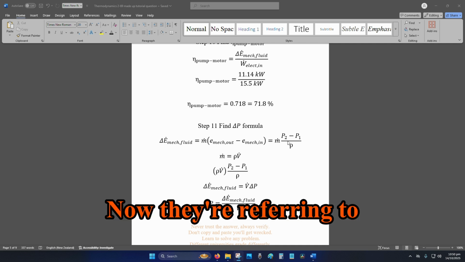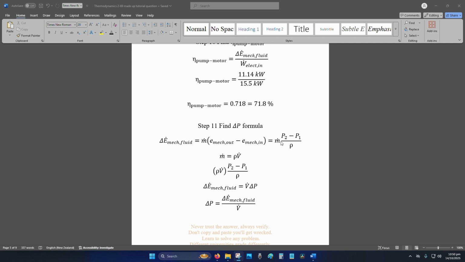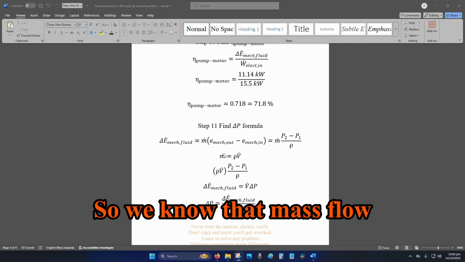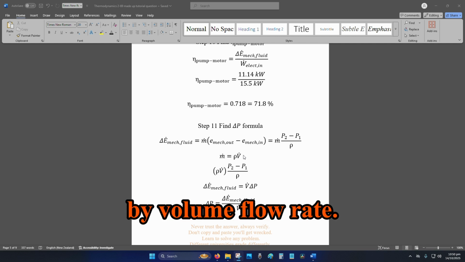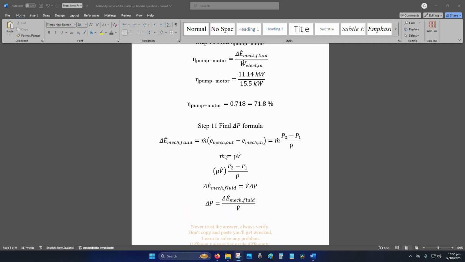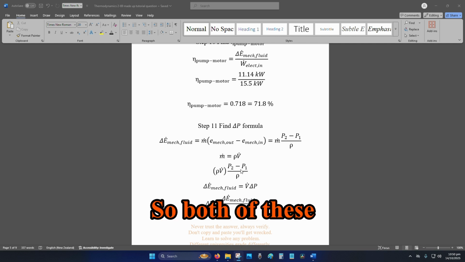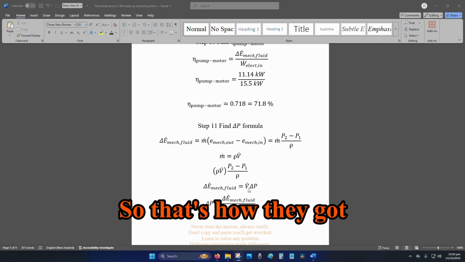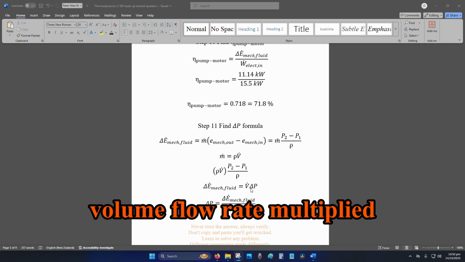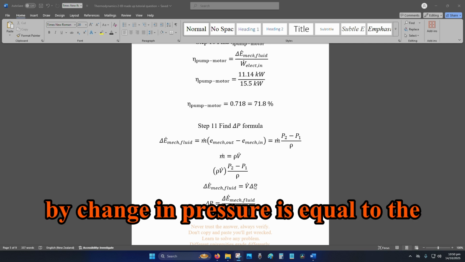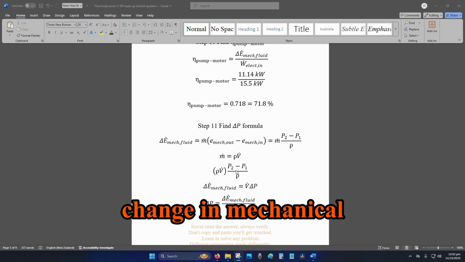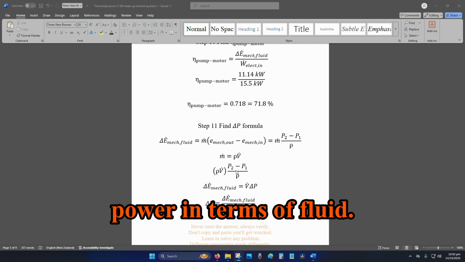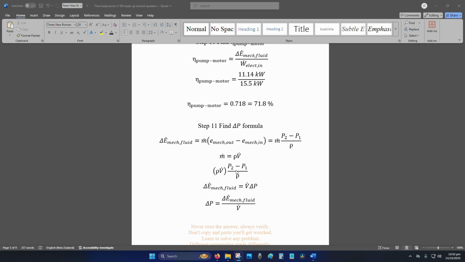Now they're referring to the density of the lake. We know that mass flow rate is density multiplied by volume flow rate, so both of these densities will cancel out. That's how we get volume flow rate multiplied by change in pressure is equal to the change in mechanical power in terms of fluid.